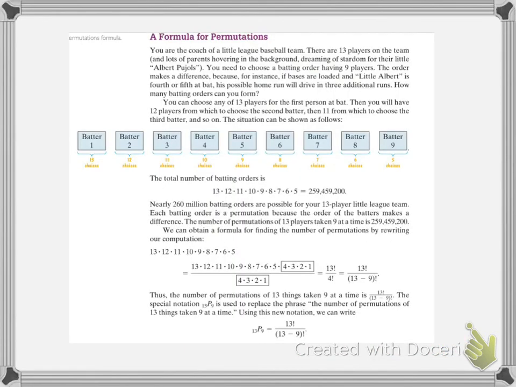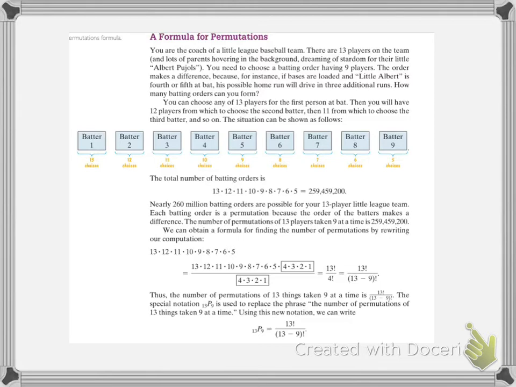Okay, now we're going to talk about permutations. In the examples we've just done with the jokes, there's 6 jokes, and we're going to deliver all 6 jokes. Or there's 8 people in a lineup, and we're going to line all 8 of them up. So what happens if there's 8 people in a lineup, but I'm only going to choose 5 of them to line up?